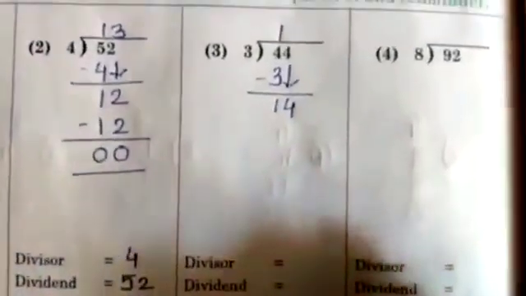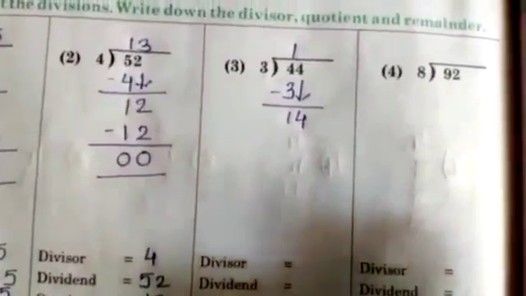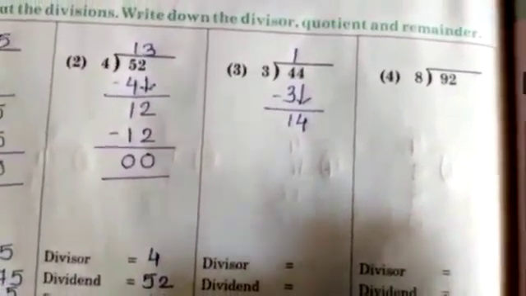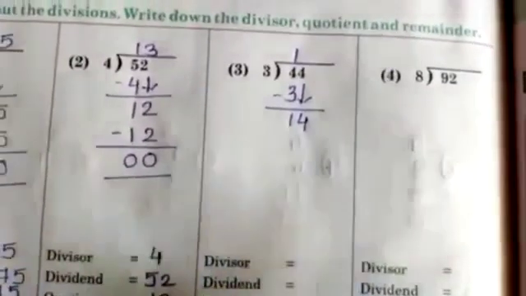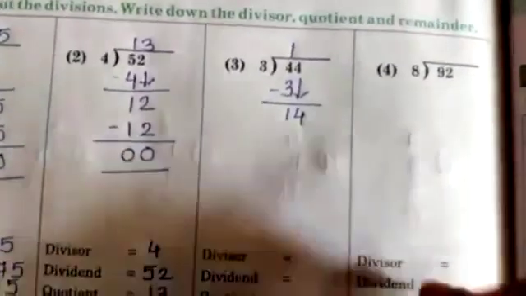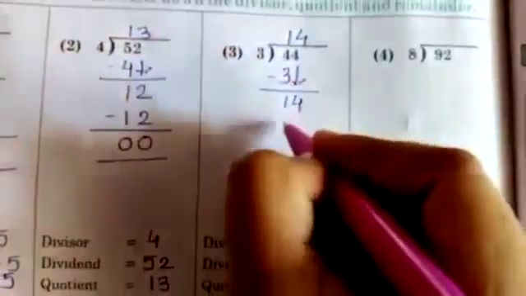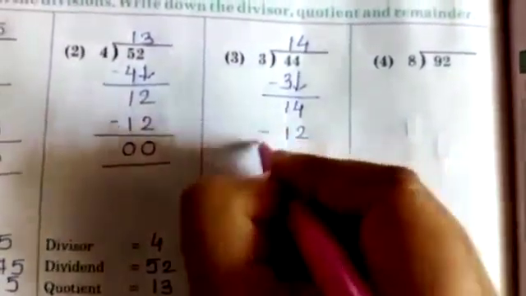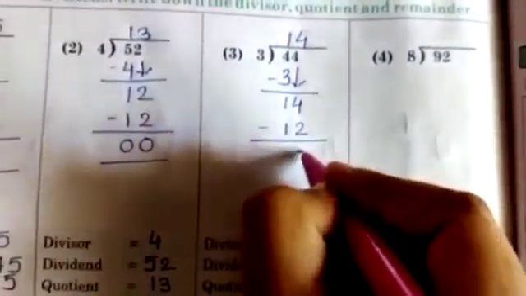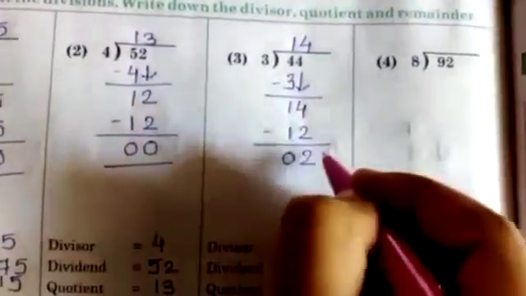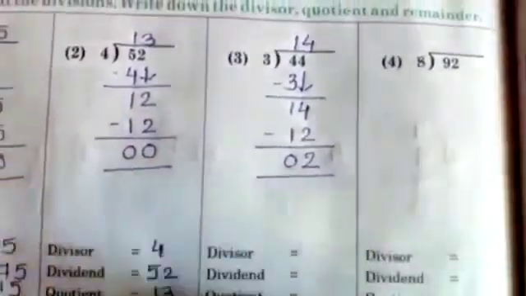Now let us see 3's table. 3 ones are 3, 3 2s are 6, 3 3s are 9, 3 4s are 12, 3 5s are 15. Now 15 is greater than 14, but 12 is less than 14. So we will take 3 4s are 12. So 4 minus 2 is 2. 1 minus 1, 0. Is there any other number to come down? No. So the answer is over.